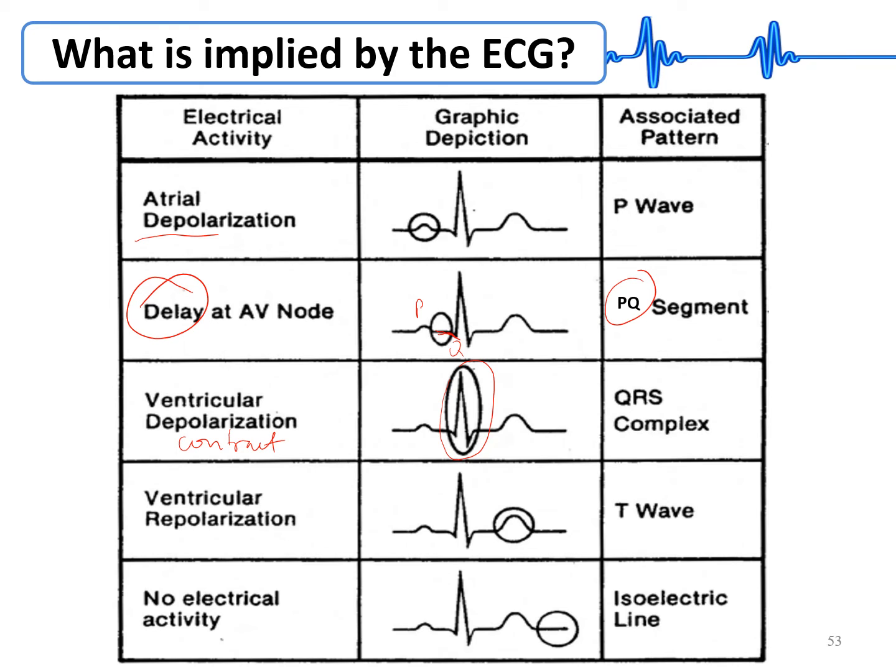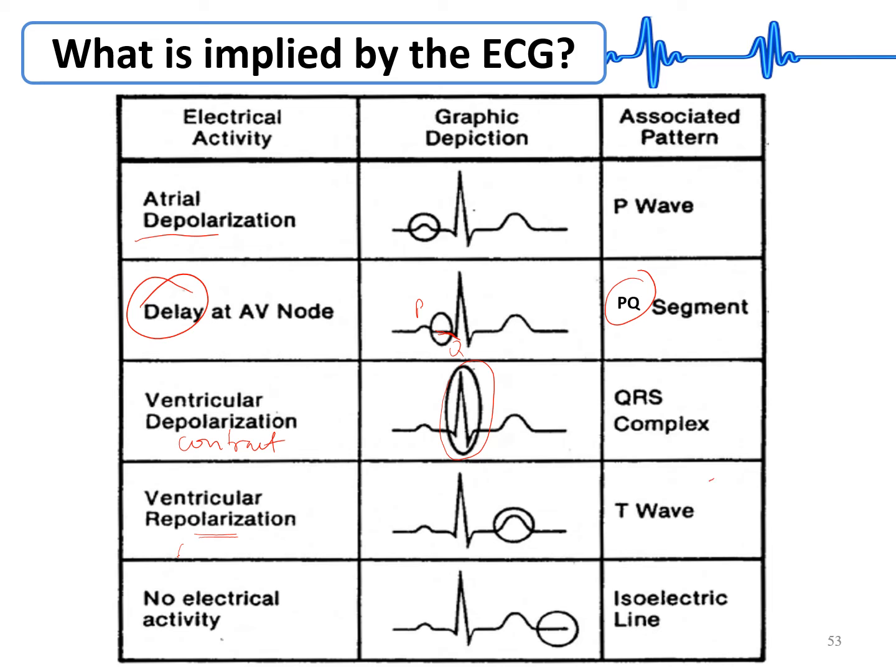Then at the T wave, ventricular repolarization. The ventricle is being relaxed. No impulse, so the ventricles relax and undergo diastole.